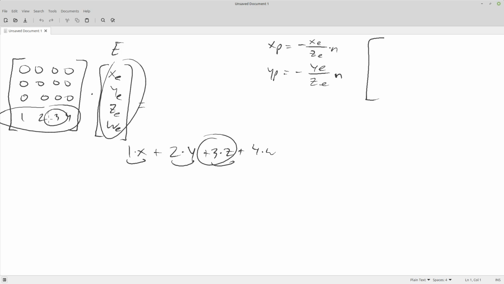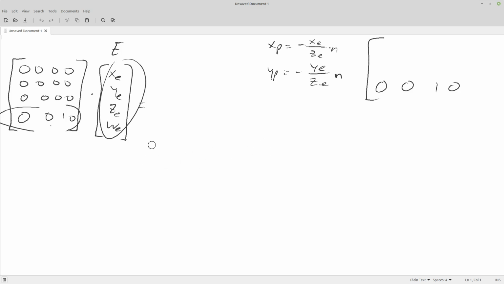So what we're saying is, if we had 0, 0, 1, 0, then when you multiplied that by our vertex, what this would end up with is 0 times x plus 0 times y plus 1 times z plus 0 times w, which equals z, which means our w in the output matrix right here is just z, which is exactly what we want, because then we'll have this kept around.